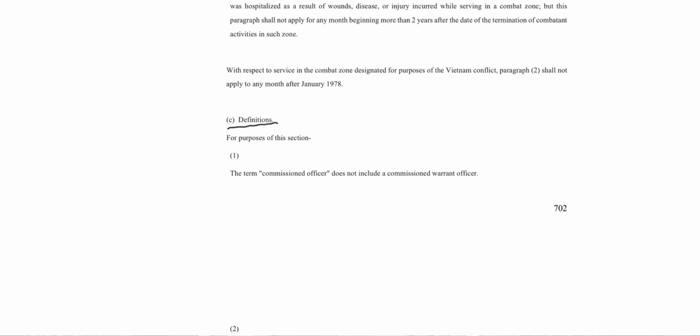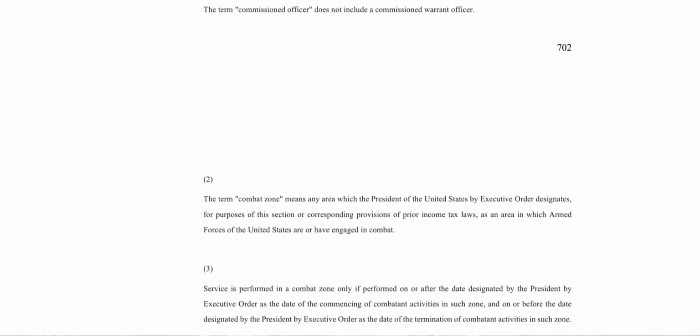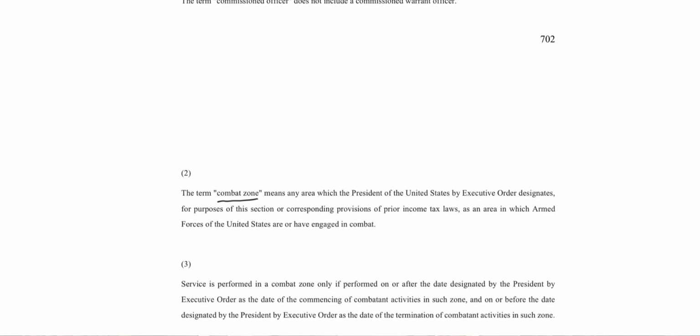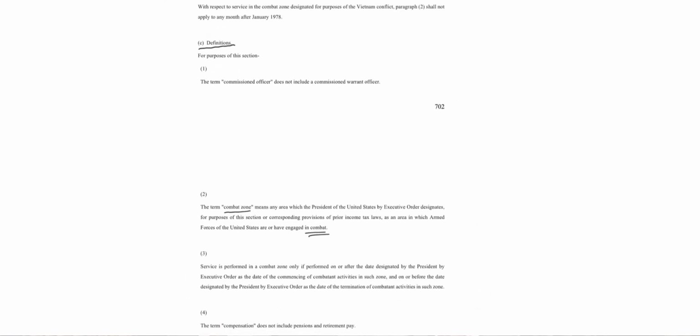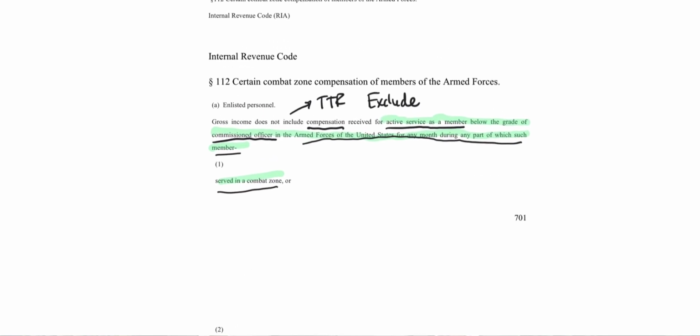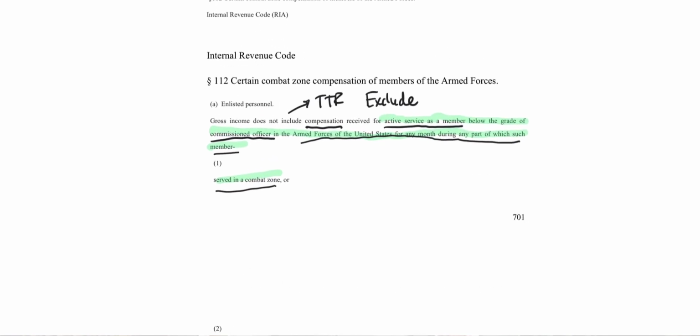So look for definitions, and we see the term combat zone means any area which the President of the United States by executive order designates for purposes of this section or corresponding provisions of prior income tax laws as an area in which armed forces of the United States are or have engaged in combat. Okay. So we're told that she's in the Iraq War. I mean, knowing history, there was a lot of conflict going on there. So it seemed that would be a combat zone.